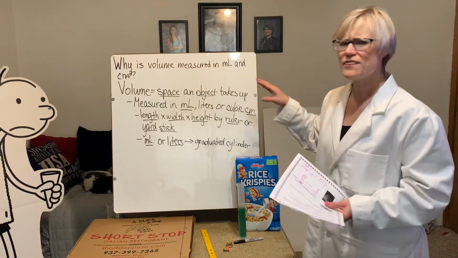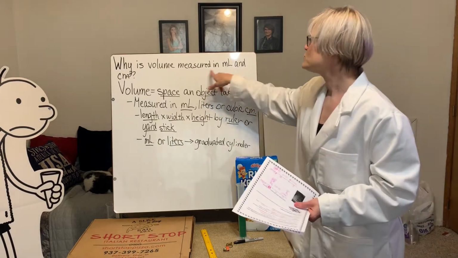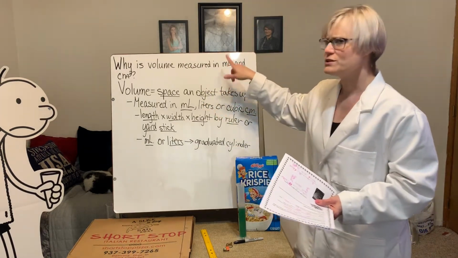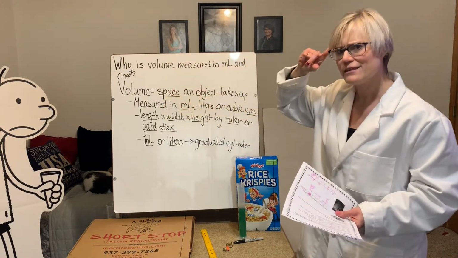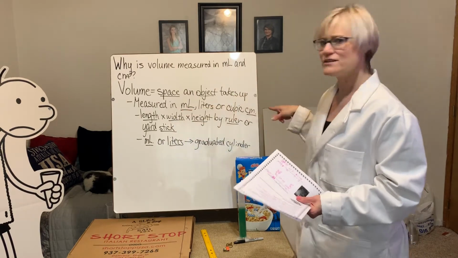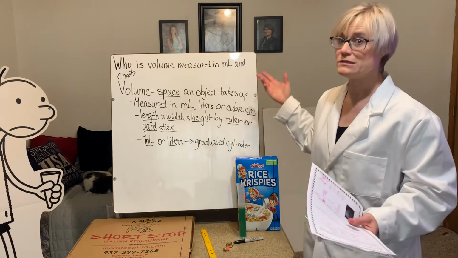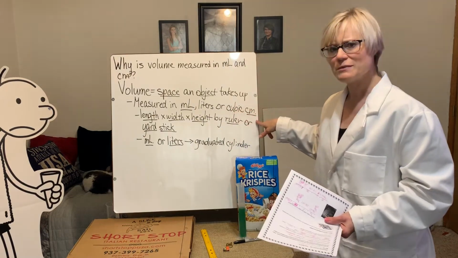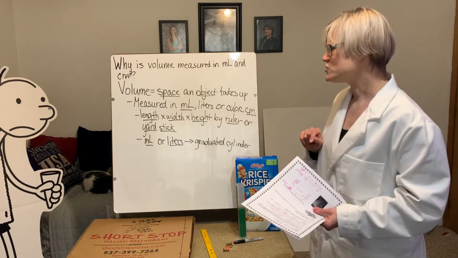When I look at that, that's kind of contradictory, because we've got milliliters, which tells me liquid, and we've got centimeters, which tells me length. So I'm not really sure about this. I'm going to have to come back to that. I'm not really sure yet.